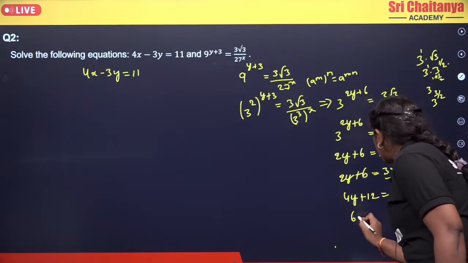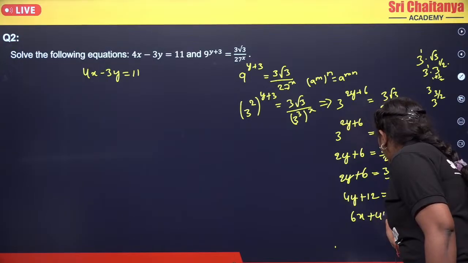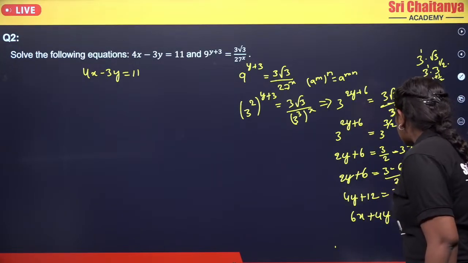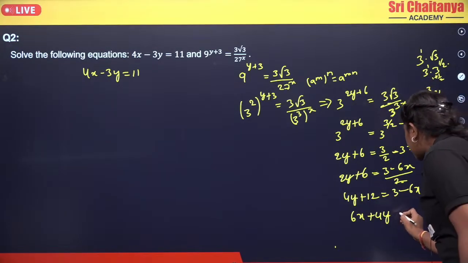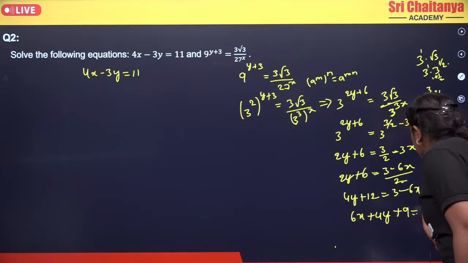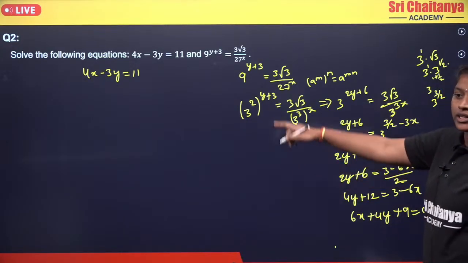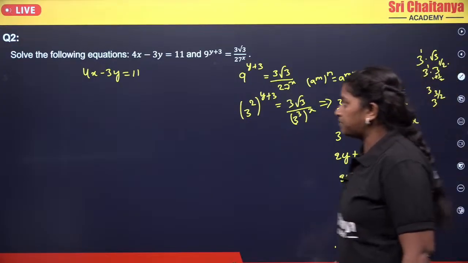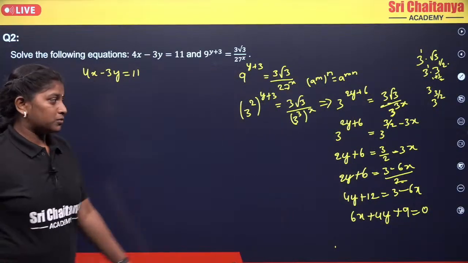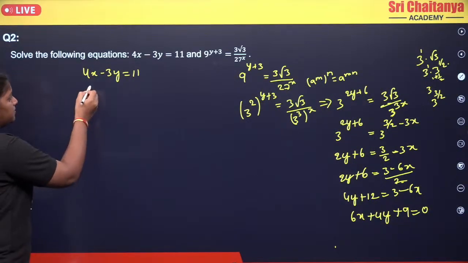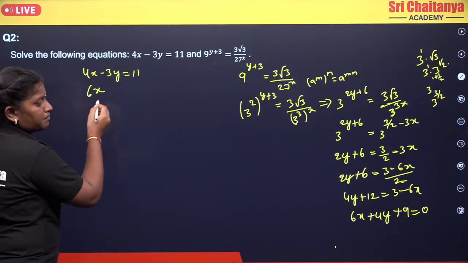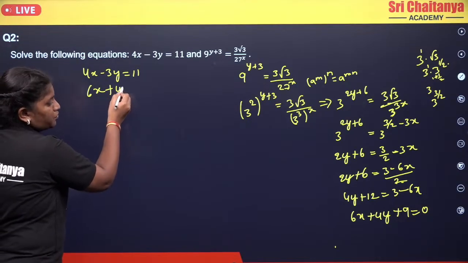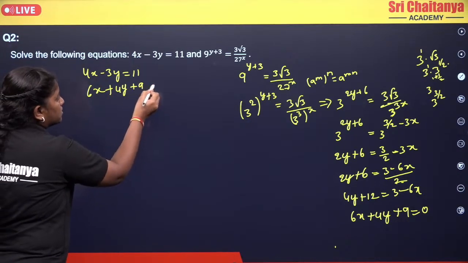So that becomes 6x plus 4y equals minus 3 plus 12, and 12 minus 3 will give you plus 9, equals 0. Okay, so they already gave one of the equations, and solving the second one we got another equation. So take the next one also, that is nothing but 6x plus 4y plus 9 equals 0.